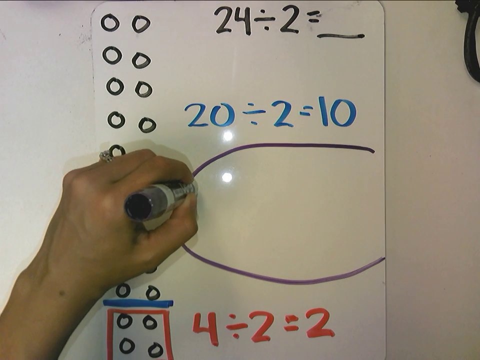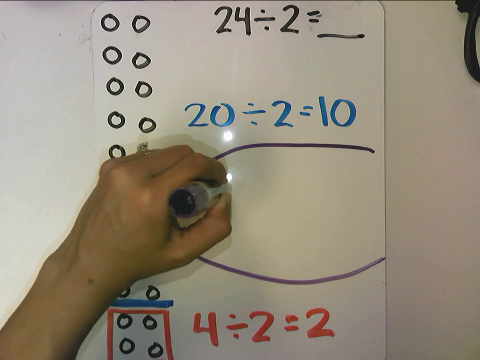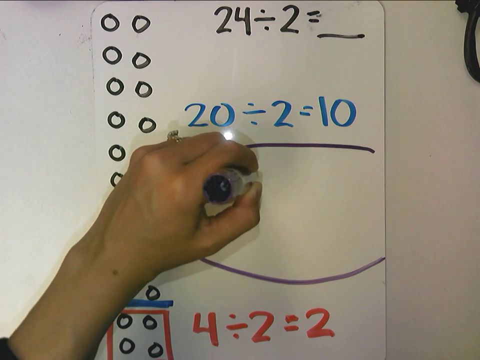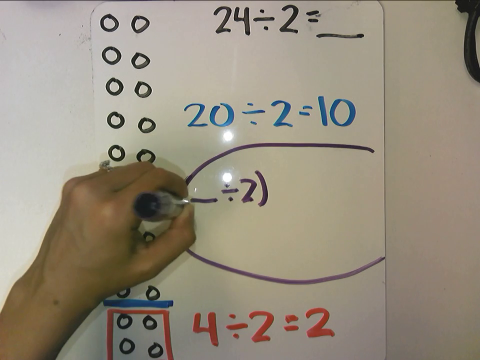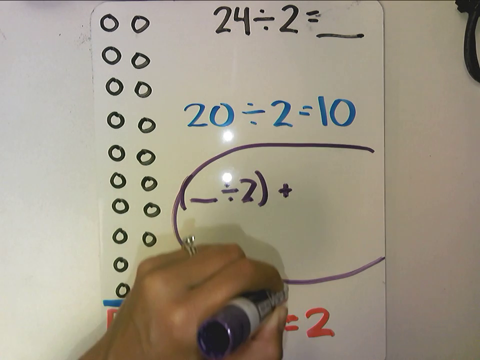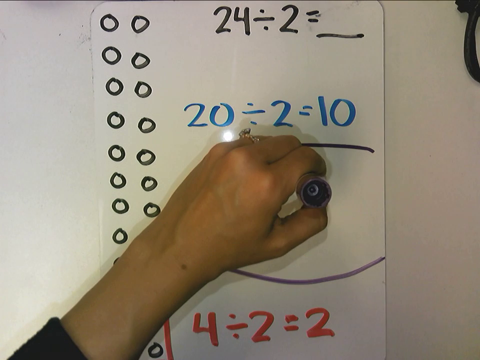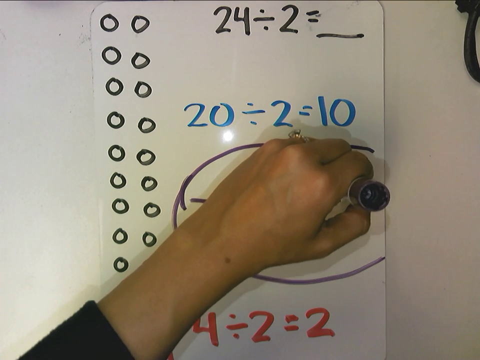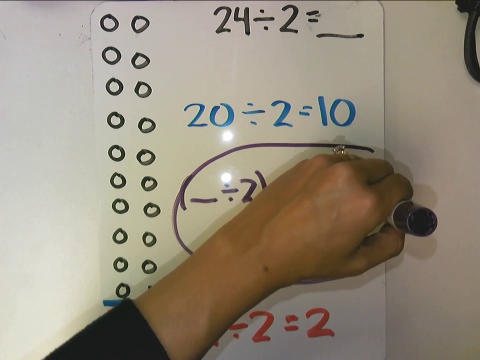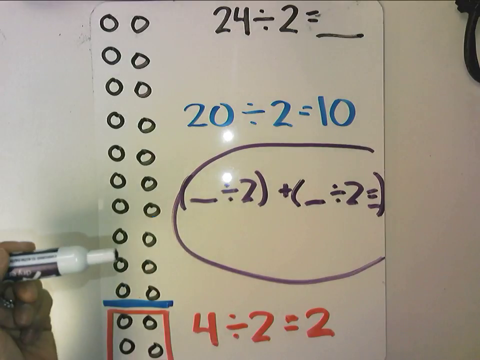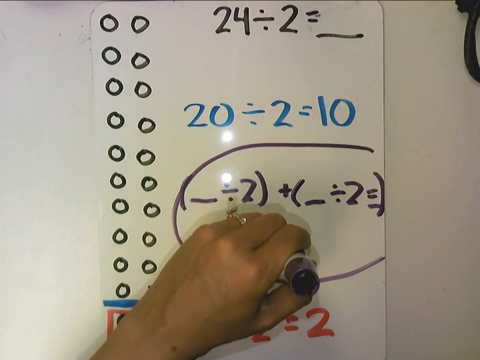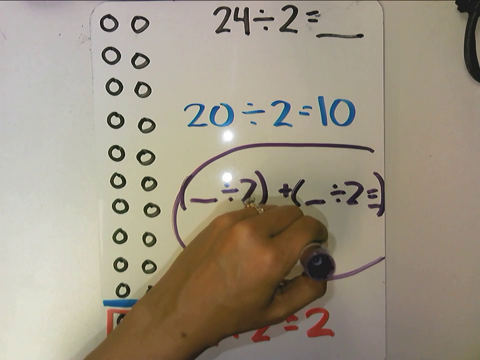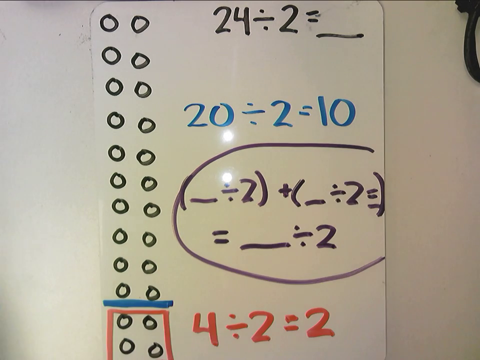So we're going to write blank divided by 2. And remember those parentheses, plus blank divided by 2, and those parentheses, equals blank divided by 2.